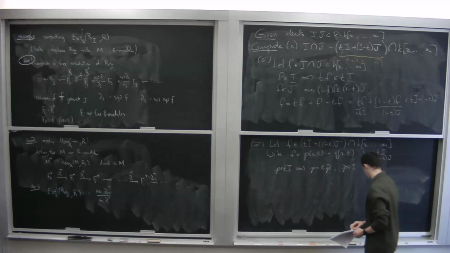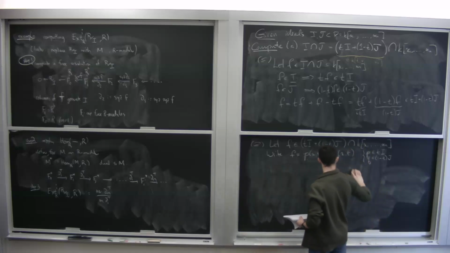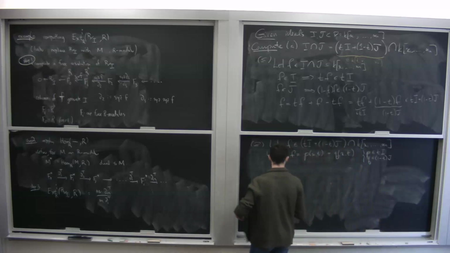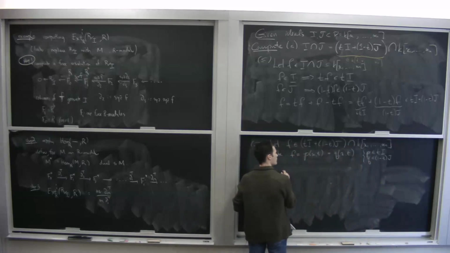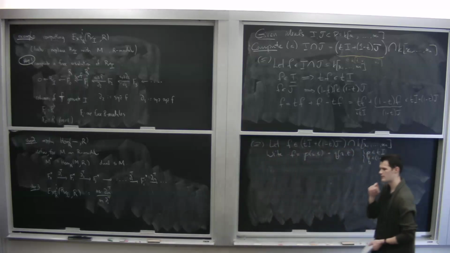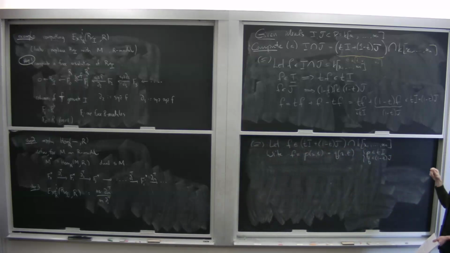All you know is that p(x,t) is a sum of the generators of I, where the coefficients are arbitrary polynomials in x and t.